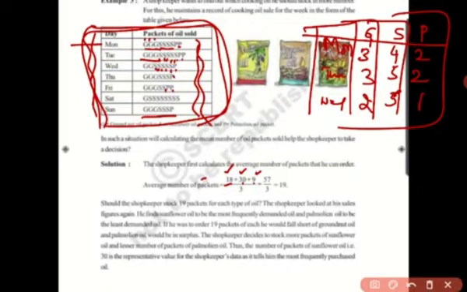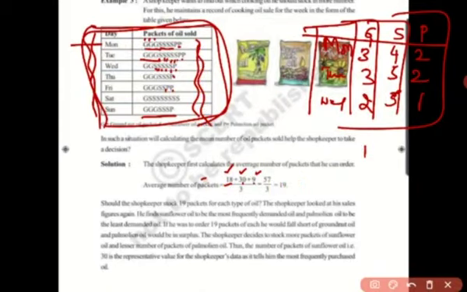If I take the average of these, I will get 19. Is the shopkeeper getting any information from this mean? 19 packets of what? What can he do with the average? It's not giving him proper information, right?